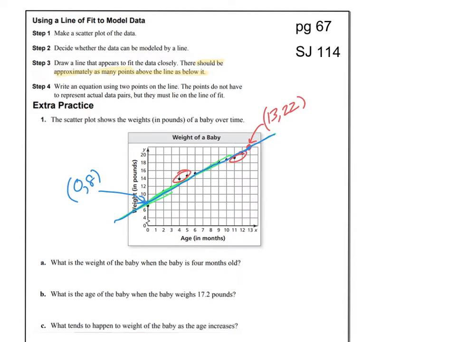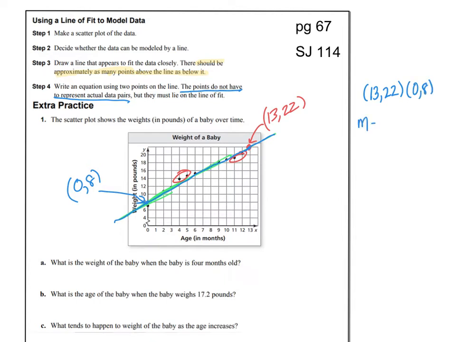Then what we'll do is we'll write an equation of the line using 2 points. And let me re-emphasize, the points do not have to represent actual data pairs, but they must lie on the line of best fit, that blue line that I have drawn. So what I'm going to do is I'm going to use those 2 ordered pairs that I have selected.